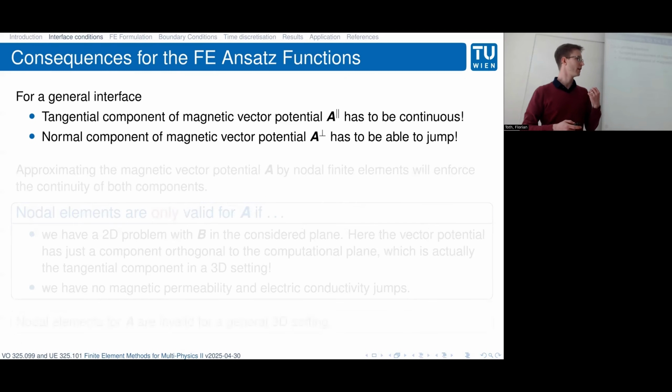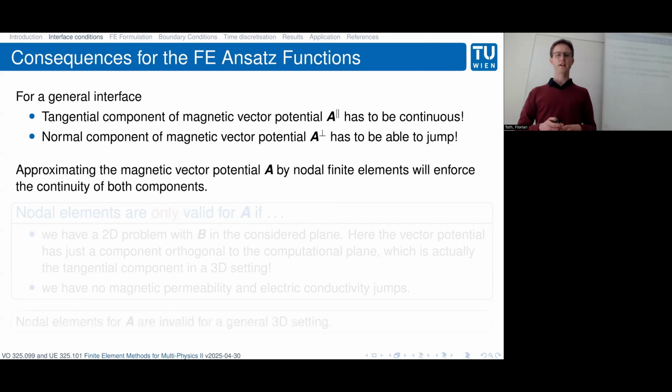So this has a few consequences for the finite element ansatz functions. In the general case, we need the tangential component of the magnetic vector potential to be continuous, and the normal component of the magnetic vector potential has to be able to jump. And this is not satisfied by standard nodal finite elements, because those, of course, would enforce the continuity of both normal and tangential components.